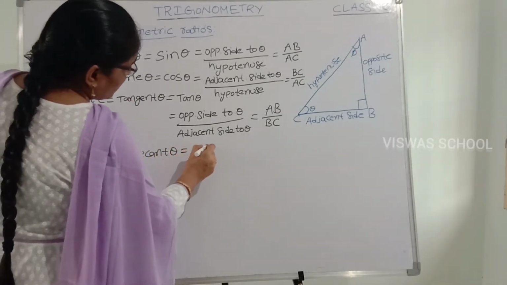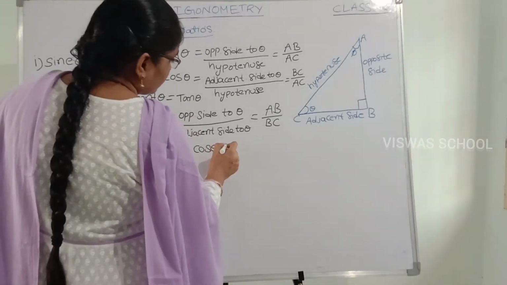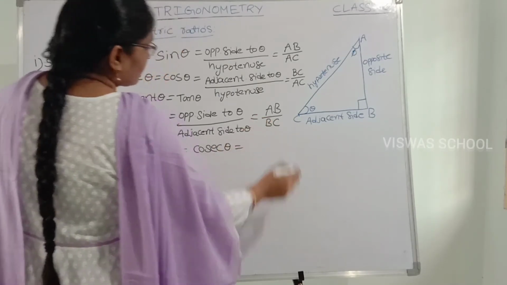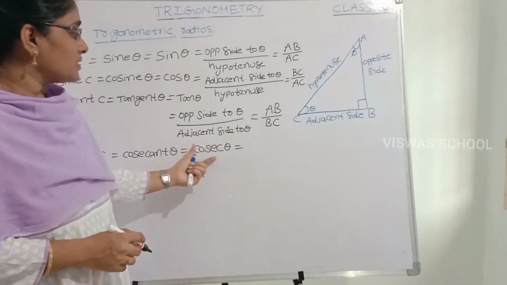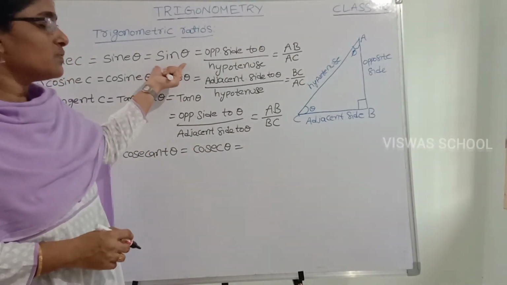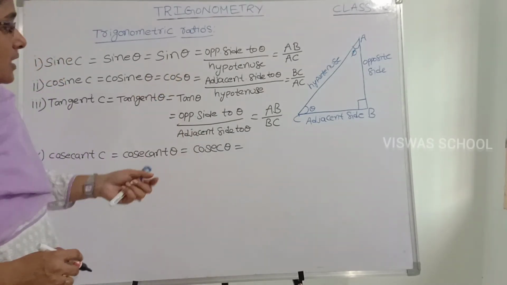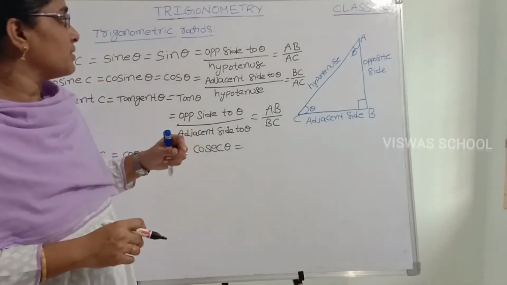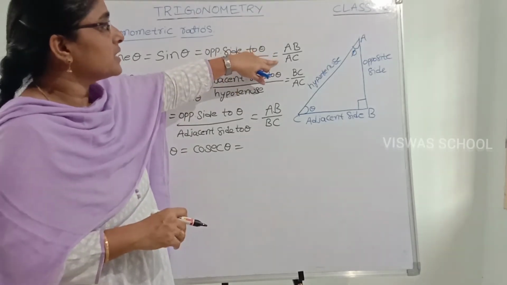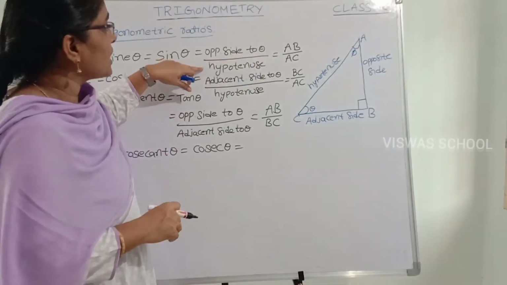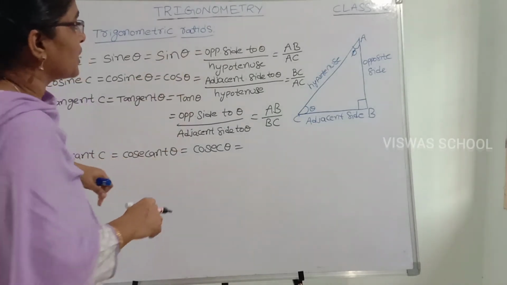The short form of cosecant theta is cosec theta. This is the multiplicative inverse of sin theta. Multiplicative inverse means the reciprocal. Reciprocal means it is AC by AB, or hypotenuse by opposite side to theta.